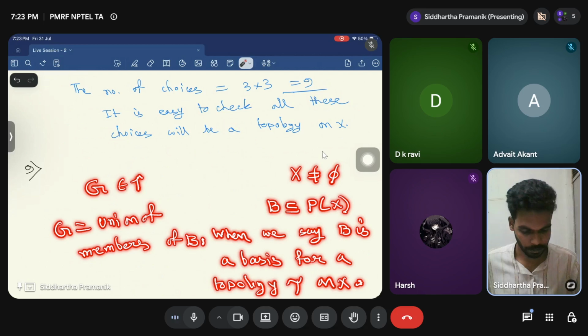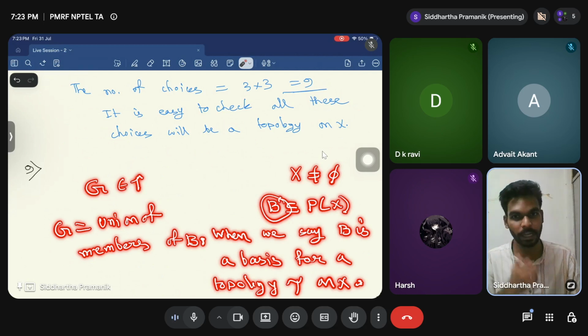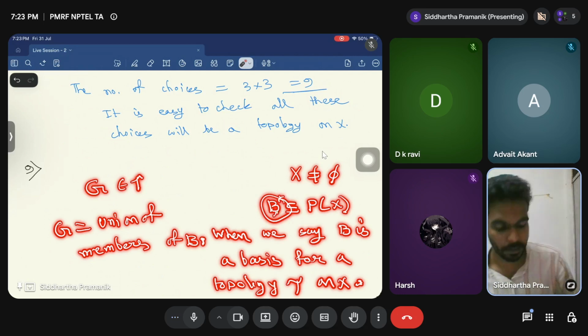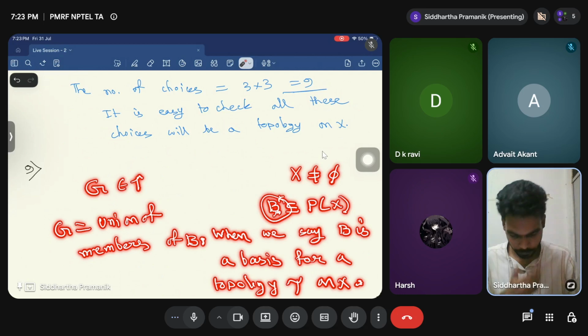That is the definition. And we have seen one equivalent condition for a basis. One thing to note is that the elements of B are usually known as basic open sets.